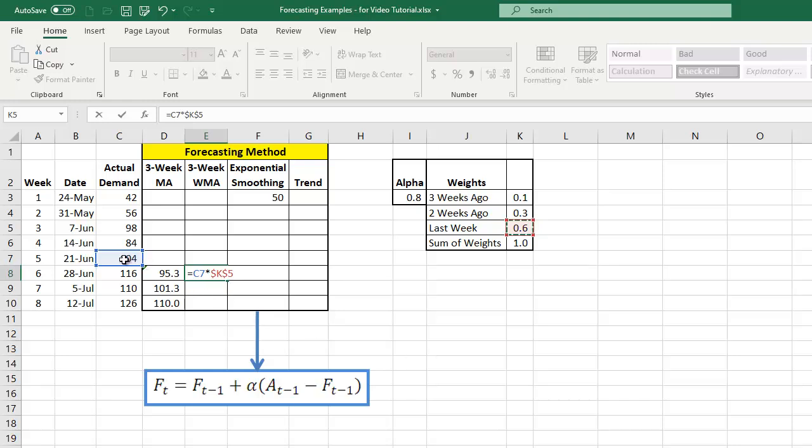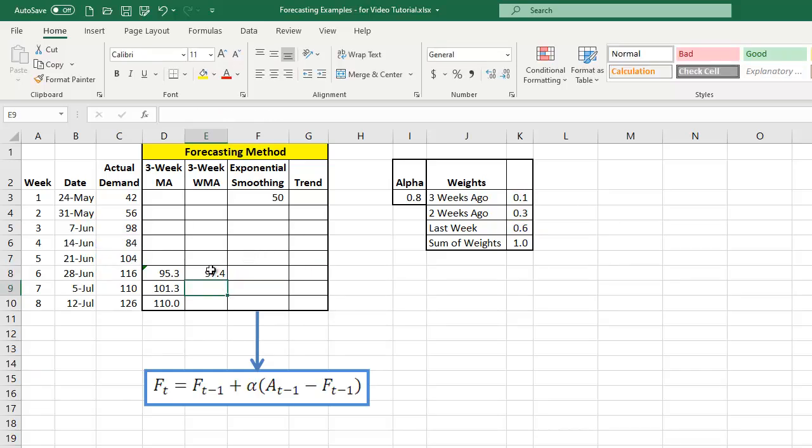Demand from the previous week times the weight for last week, plus demand from 2 weeks ago times the weight for 2 weeks ago, anchored, plus demand from 3 weeks ago times the weight for 3 weeks ago, anchored once again, and that gives us our forecast.